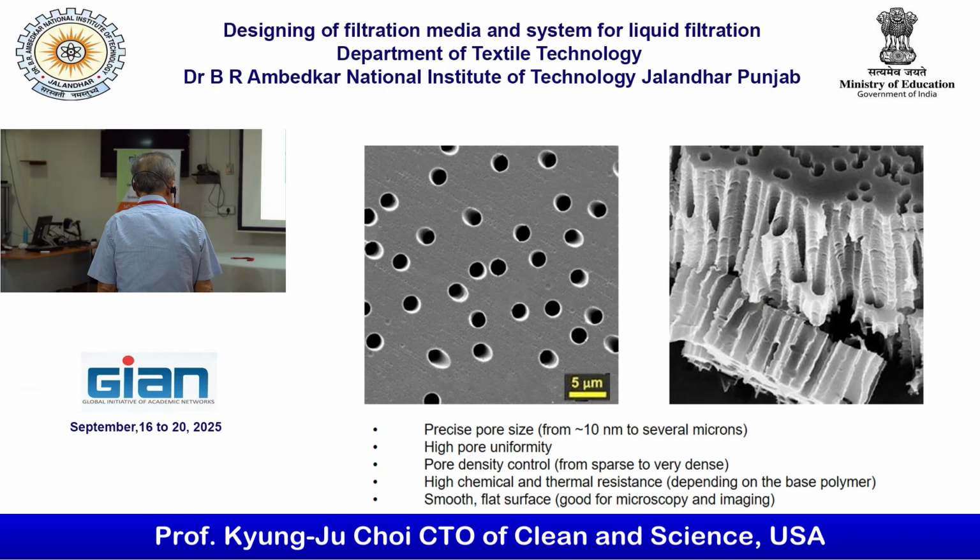The pore size is from over 10 micrometer down to several microns. High pore uniformity, of course. Pore density control from sparse to very dense. High chemical and thermal resistance of the material, and smooth, good for microscopy and imaging. Certainly, you can look at the SEM pictures.